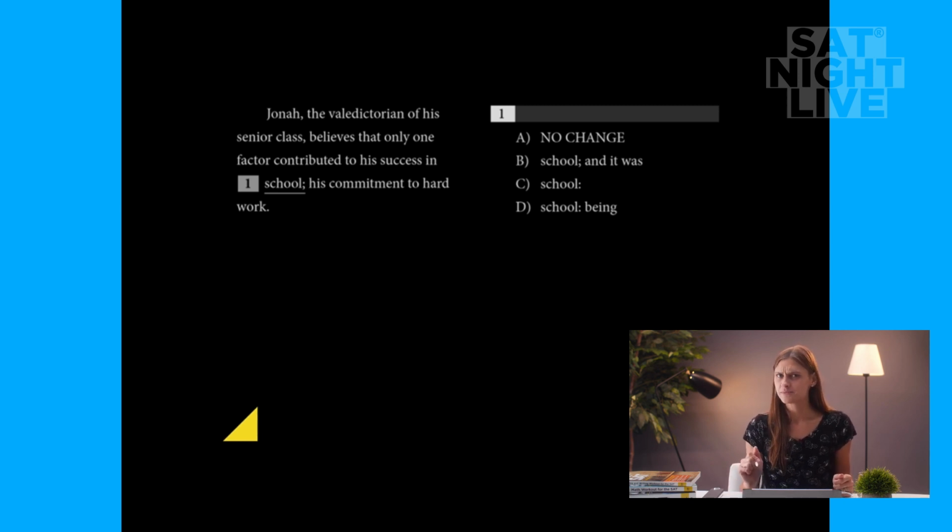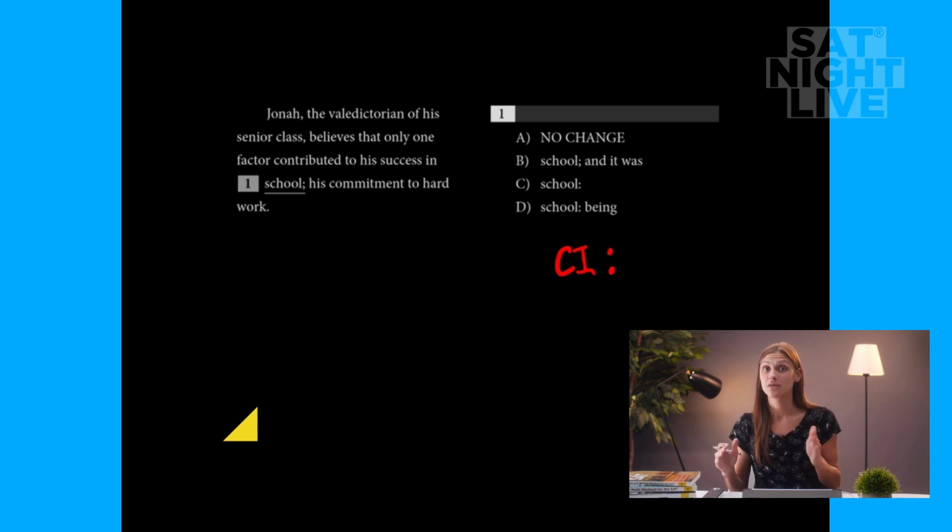So here's a good time to explain, when do you use a colon? And this, in my own experience teaching and tutoring, is one of the least understood rules out there. What has to come before a colon? What always has to come before a colon and is very often not done correctly is a complete idea. We always have to have a complete idea or a complete sentence before the colon.